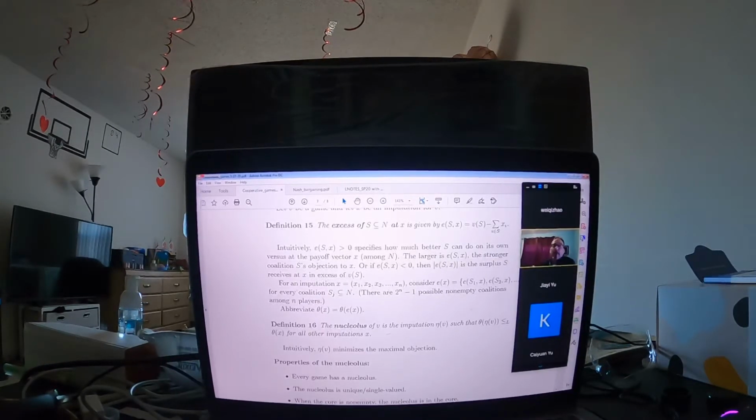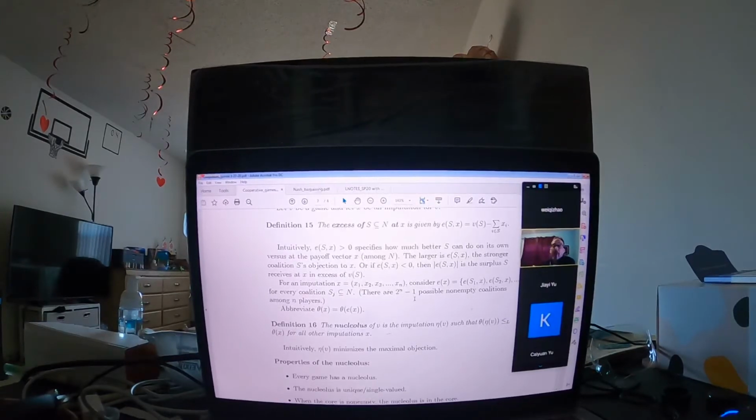There are a lot of coalitions. If you have a 3-player game, then there are 3 times 2 times 1 coalitions. Wait, is that right? That's not true. If you have a 3-player game, then the number of coalitions is this.